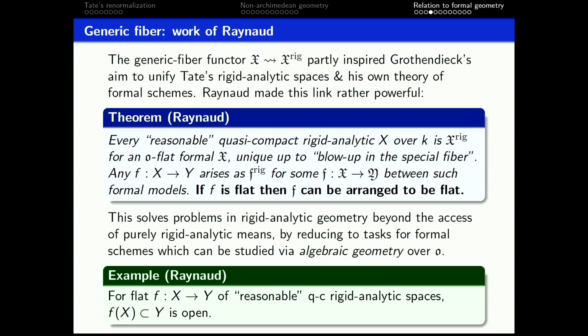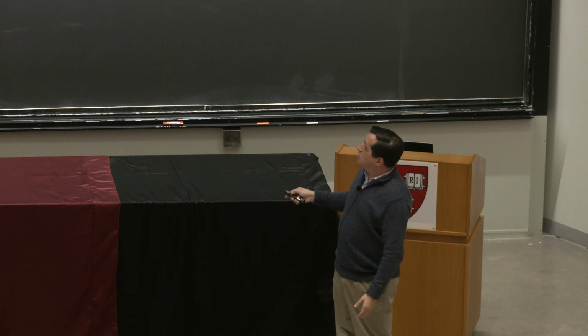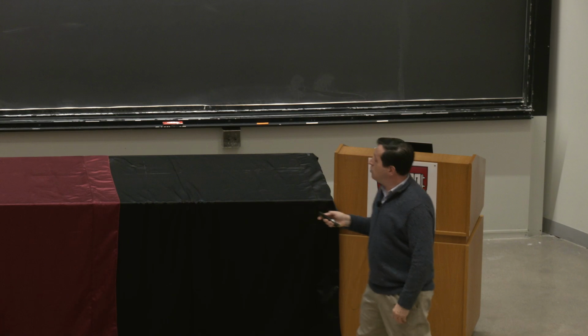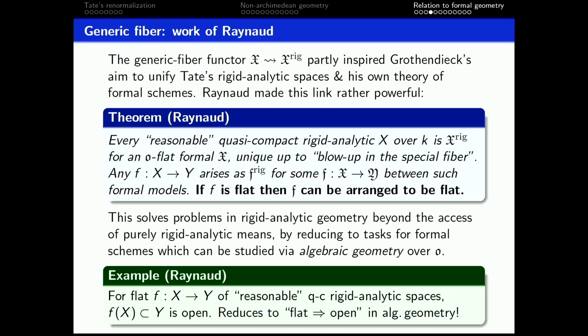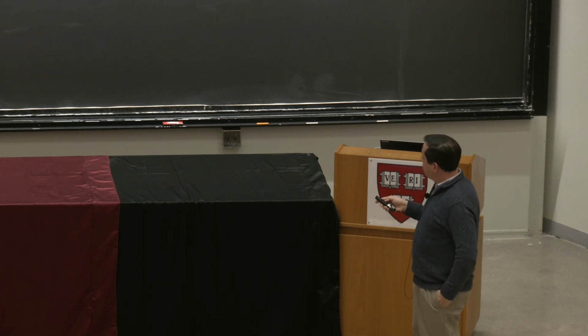Since in usual algebraic geometry, it's a fundamental fact that under reasonable assumptions, images of flat maps are open. But this question seems completely out of reach using usual rigid analytic techniques. But if you pass through the formal models, it is instantly reduced to the issue in algebraic geometry, which was already known. Okay? So this is an example. By using these integral structures, you can sometimes solve rigid analytic problems that were otherwise out of reach.